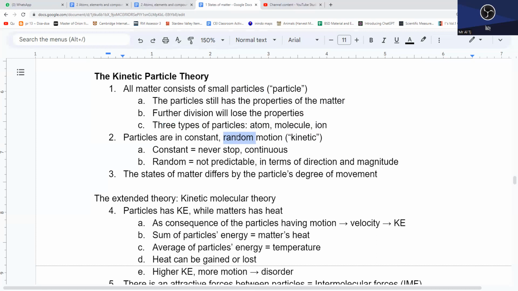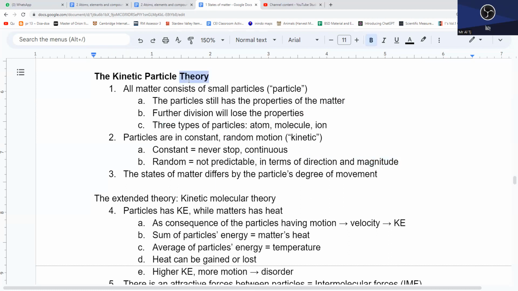An individual particle we cannot predict, but as a group, as a population, we are able to predict, especially the direction, which is generally going to be equal in all three directions, and the magnitude that is going to increase as the temperature increases.